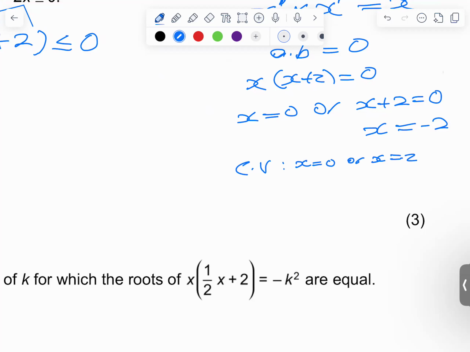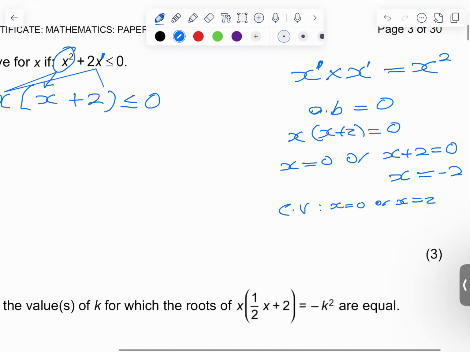You're going to take your critical values and write them on a number line. So this is what we have as a number line. In your number line, you will start with a critical value that is smallest.